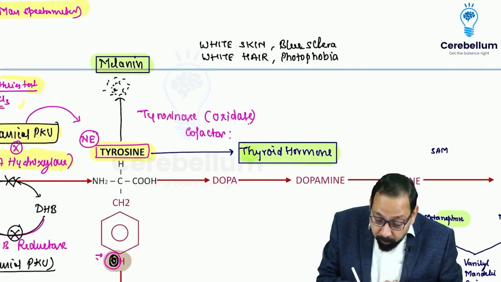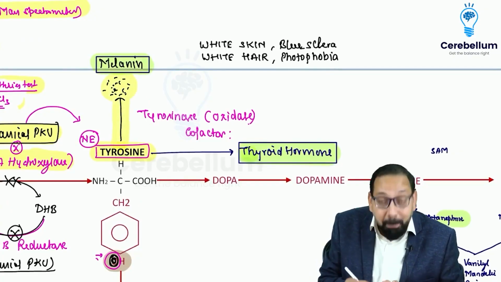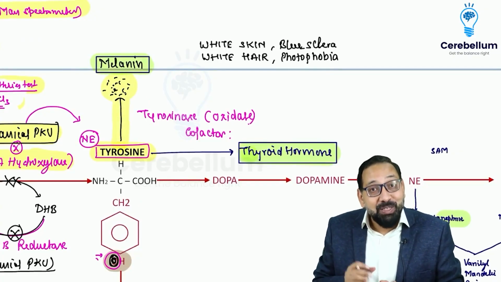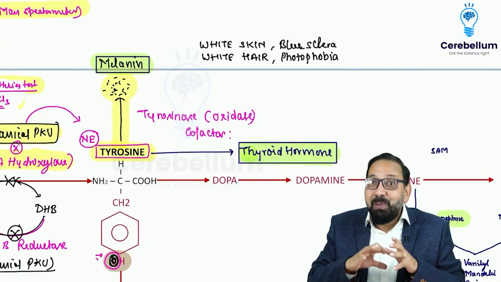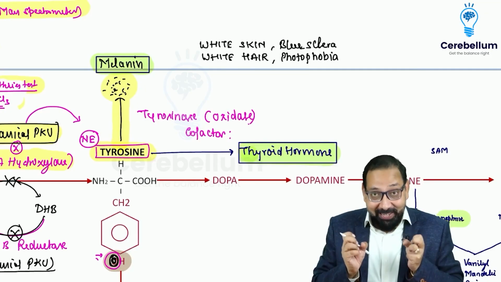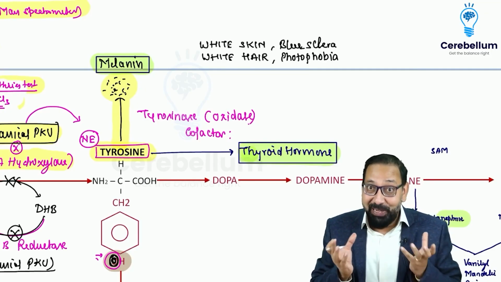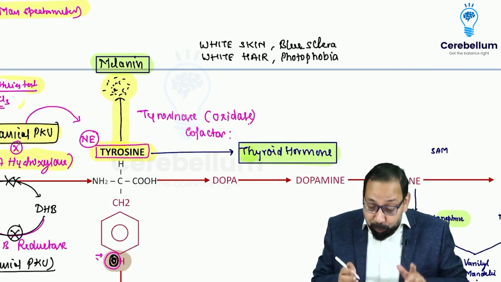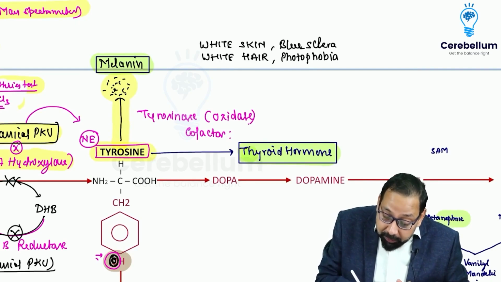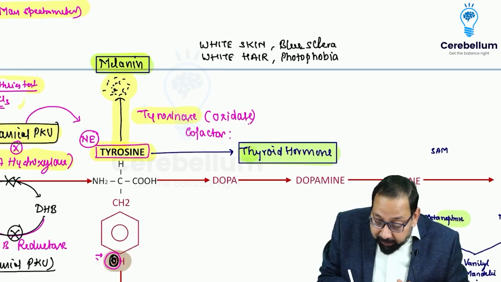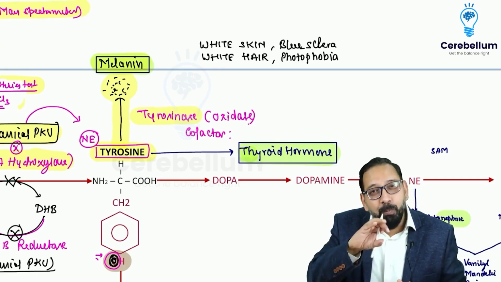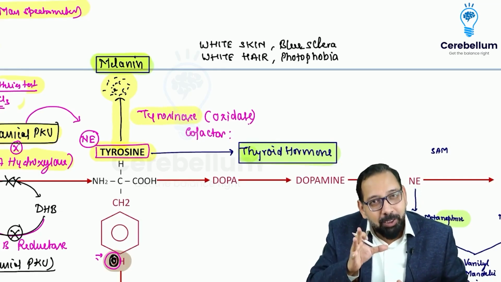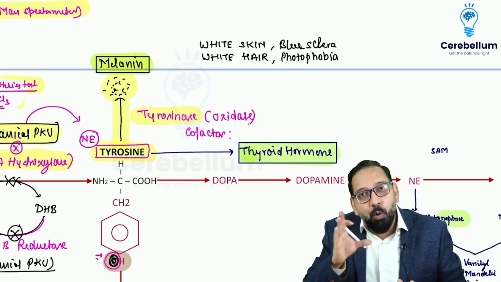Tyrosine is normally converted to melanin, a black pigment. You know, tyrosine, tire. If you burn a tire, you will find a black pigment, just like when you have played Holi. Yes, black pigment. So tyrosine is converted to melanin by the enzyme tyrosinase. Burning means oxidation, so tyrosinase is an oxidase.